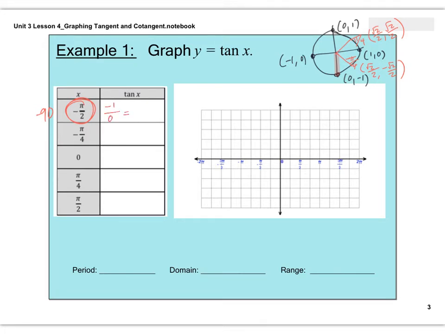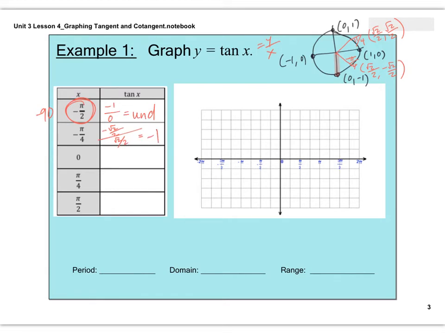Negative 1 over 0, can't have it, undefined. Let's think about the tangent value at negative pi over 4. Well, remember, tangent is y over x, and so we're going to have negative root 2 over 2 over positive root 2 over 2, which is negative 1.